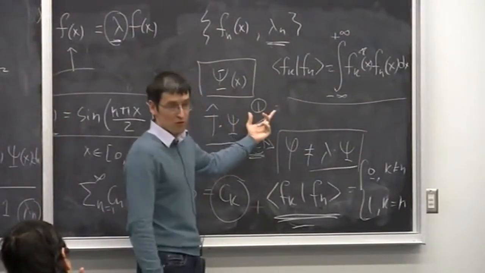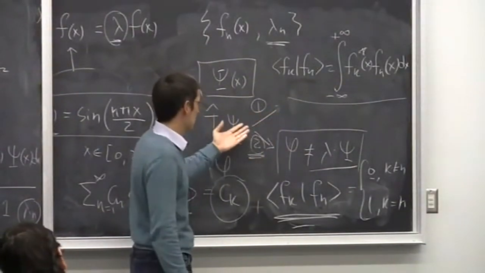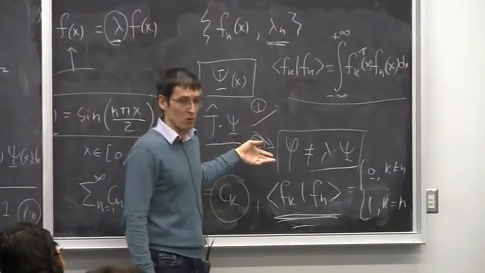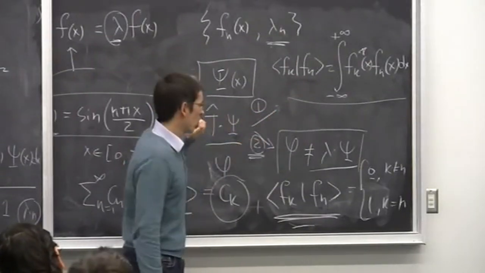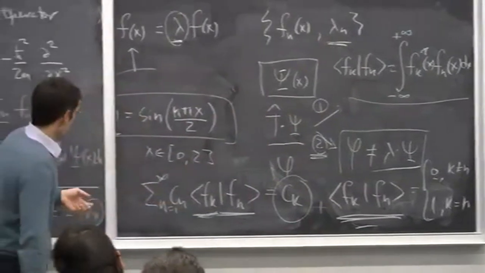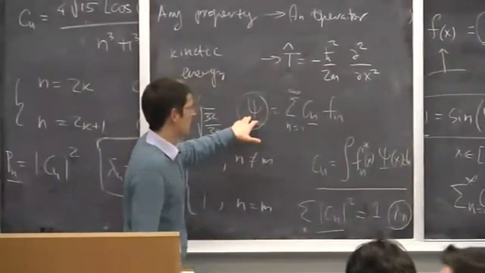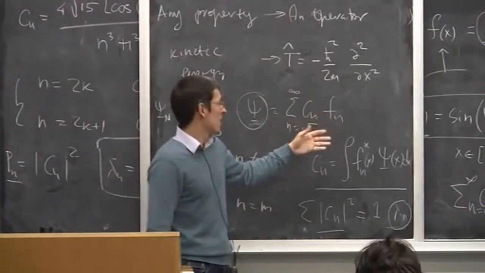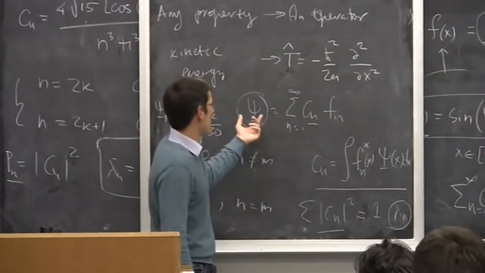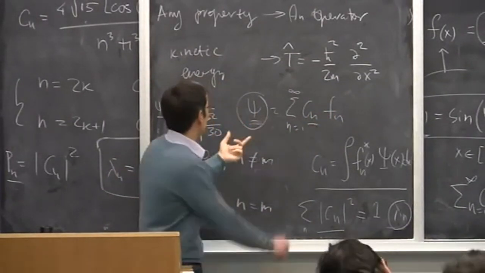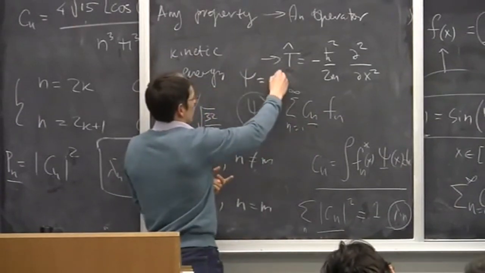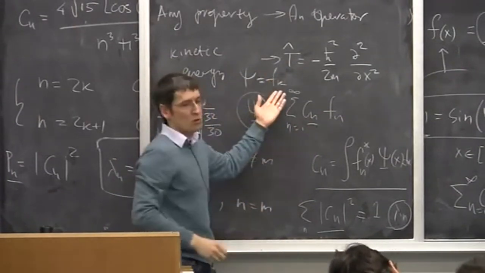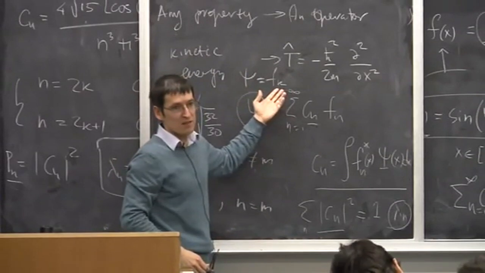You can see actually the first branch is nothing but a special case of the second one, for the following reason: if your function psi is an eigenfunction of an operator, that means psi is equal to a particular f_k.